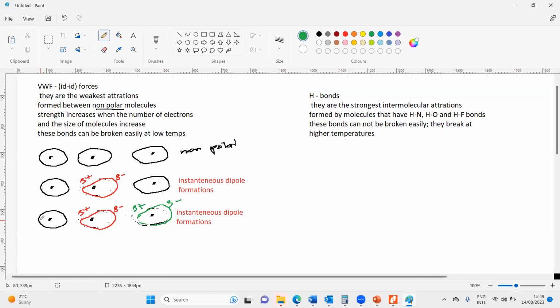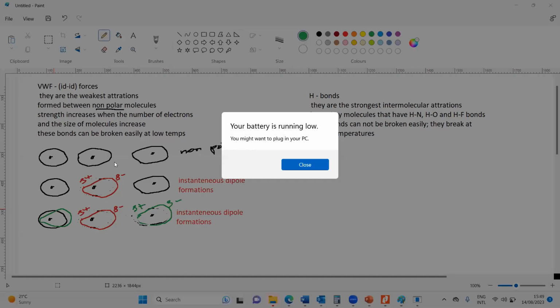From the left-hand side molecule, electrons come towards the right-hand side. Now this green line shows the new electron density.